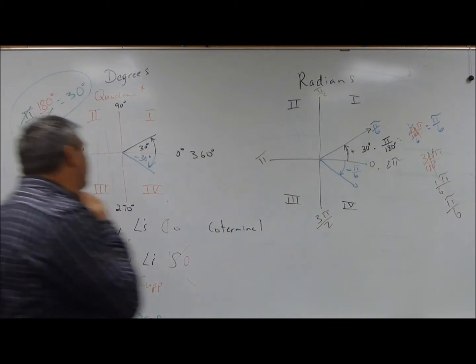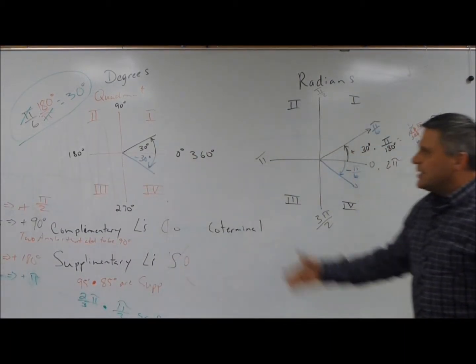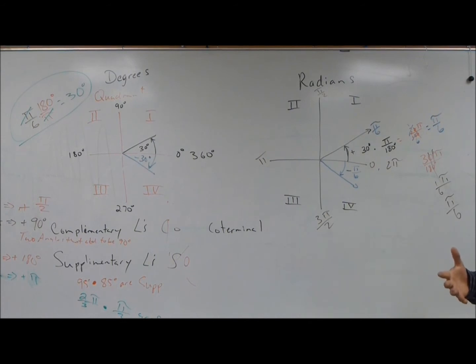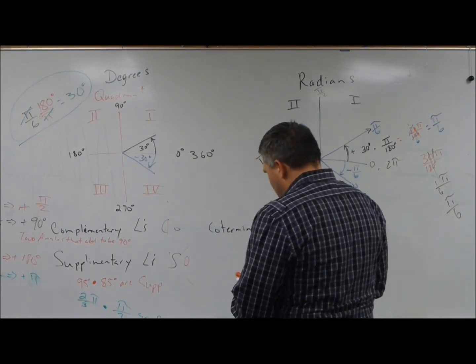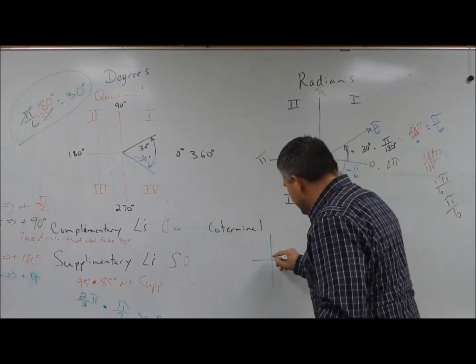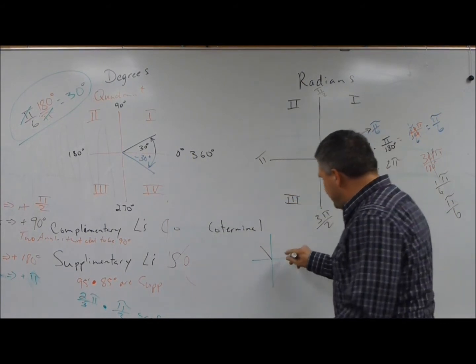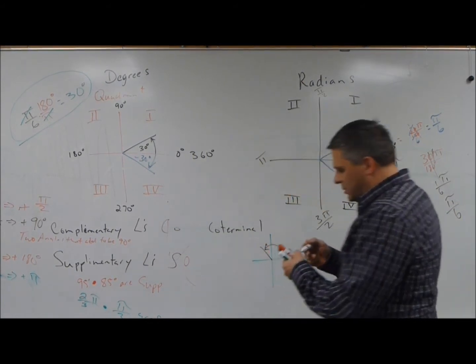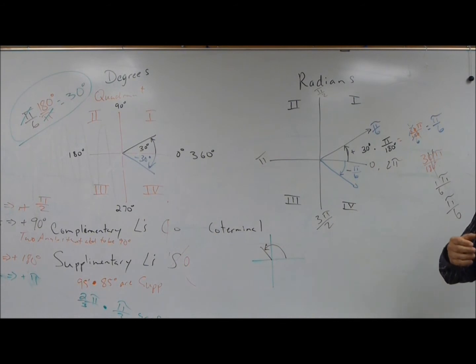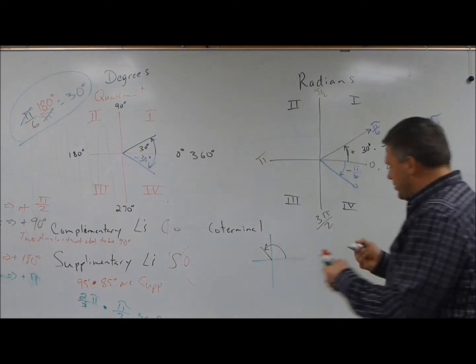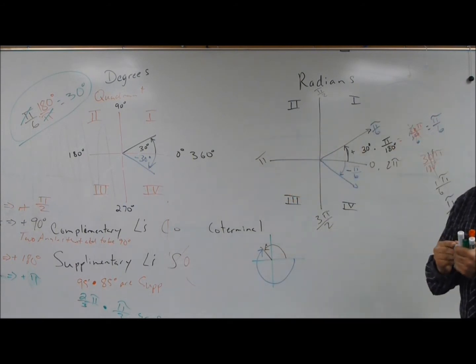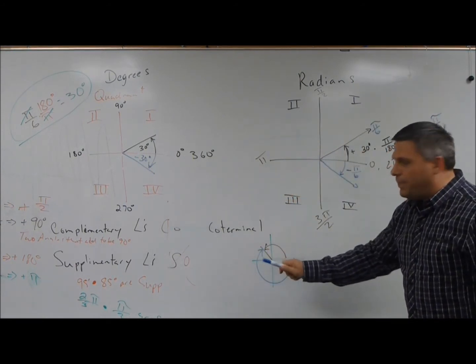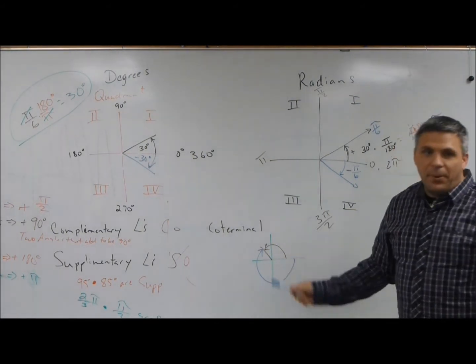And then this last one is about coterminal. To be coterminal means you've got 2 angles. One here, let's say, goes in this direction, and then the other one goes from the other direction, and all they have to do is end up at the same point.